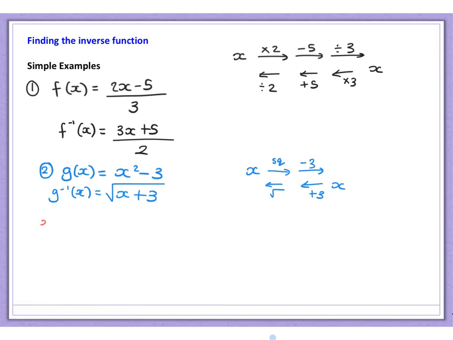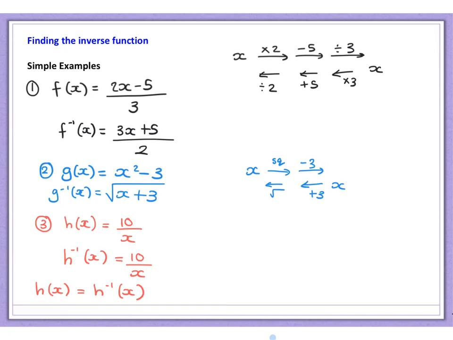The last example, h of x is equal to 10 divided by x. Now, this is an interesting one. The inverse function of this is also 10 divided by x, which means it's the same as the original function. So h of x equals h minus 1 of x.